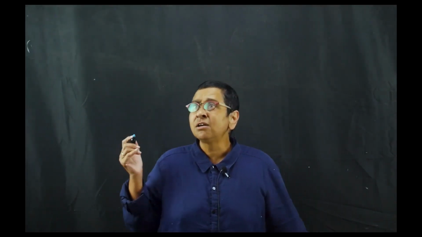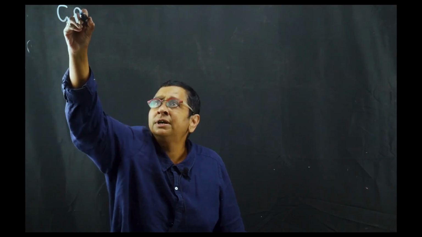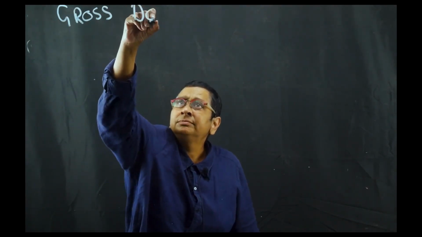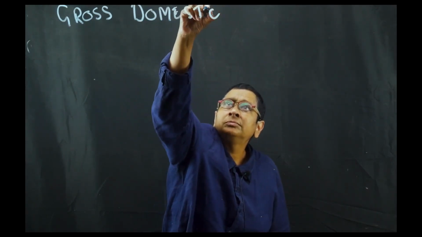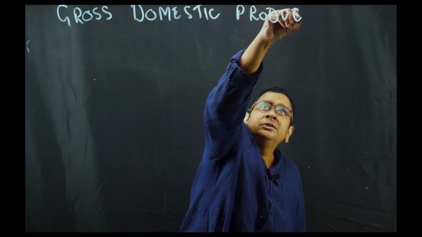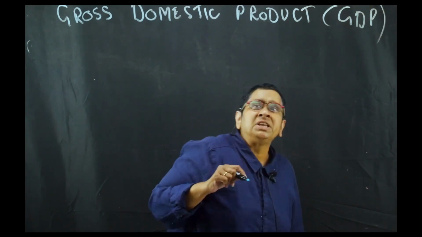So let us start with the first measure. The first measure is something most of you have probably seen in the news, probably come across before. It's called the gross domestic product, or the GDP.